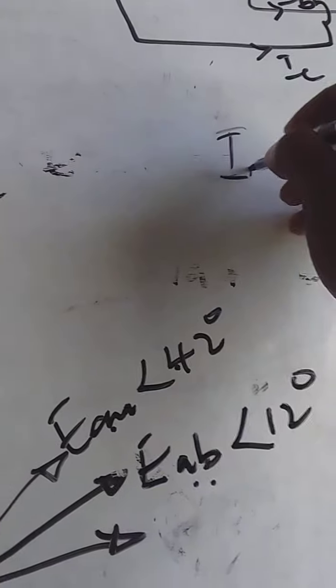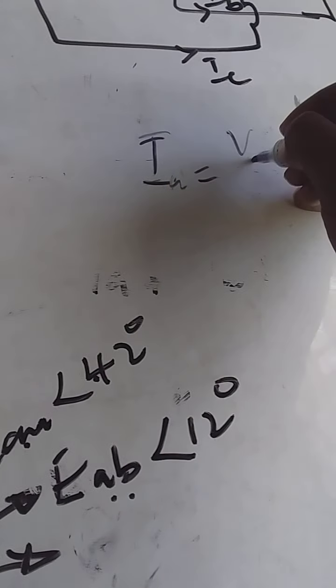IA is equal to VAS over ZA. We want to calculate IA, so we need to find VAS, then we divide by ZA.